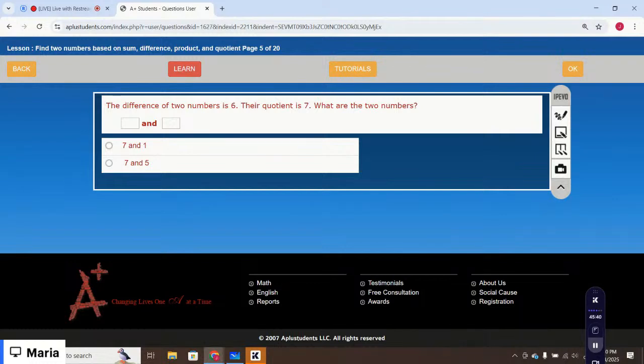Option number 1 is the correct option. 7 and 1 have the difference 6 and their quotient is 7. Option number 1 is the correct option.